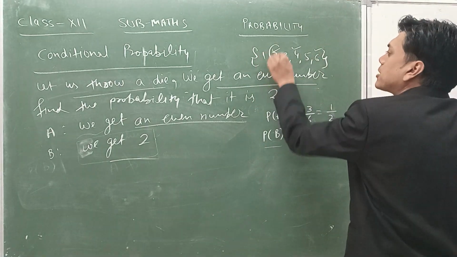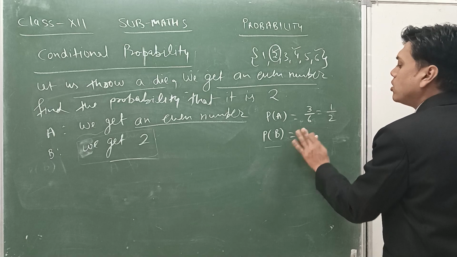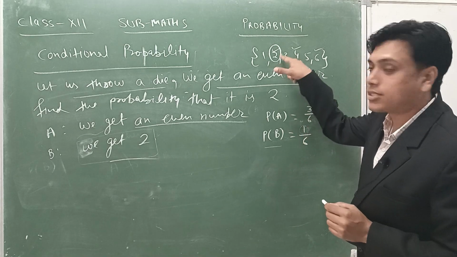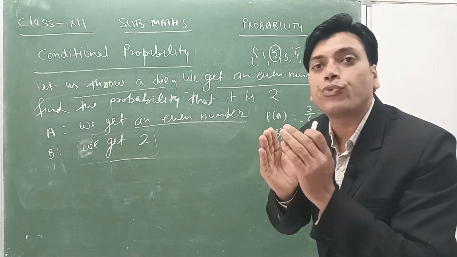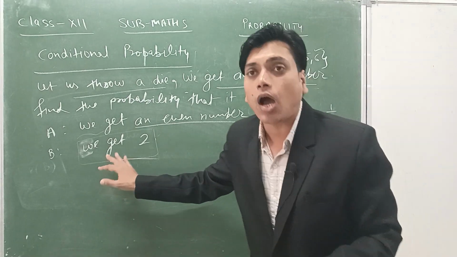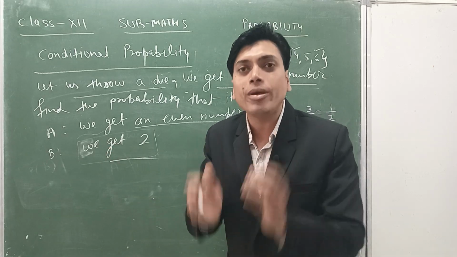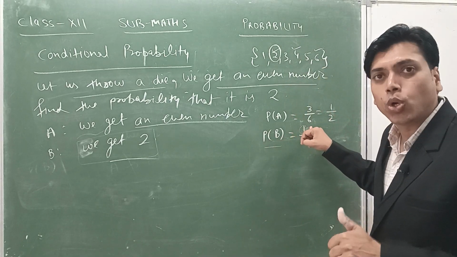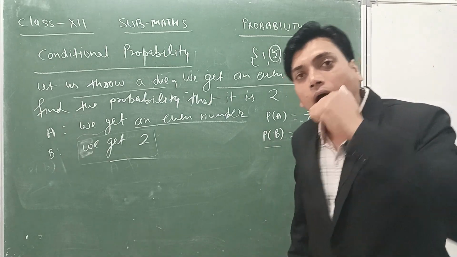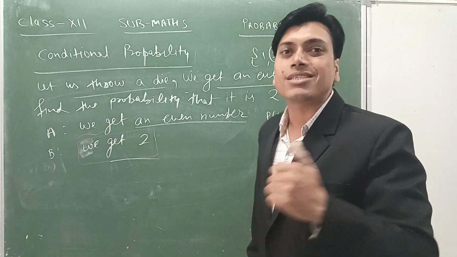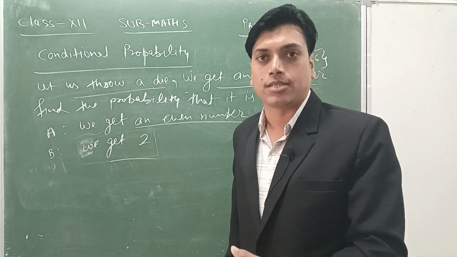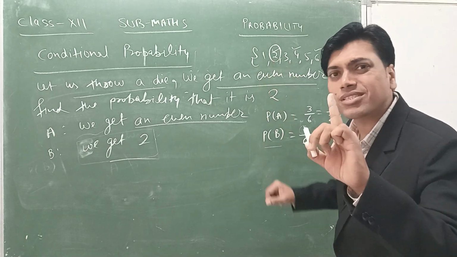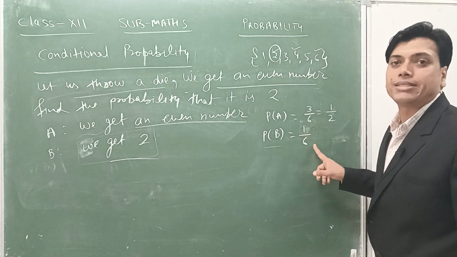How many times is 2 there? This is not the value of the outcome, this is the number of favorable cases. We have to find how many times 2 is there in the given sample space. 2 is there only once, so that's why this is 1 by 6.